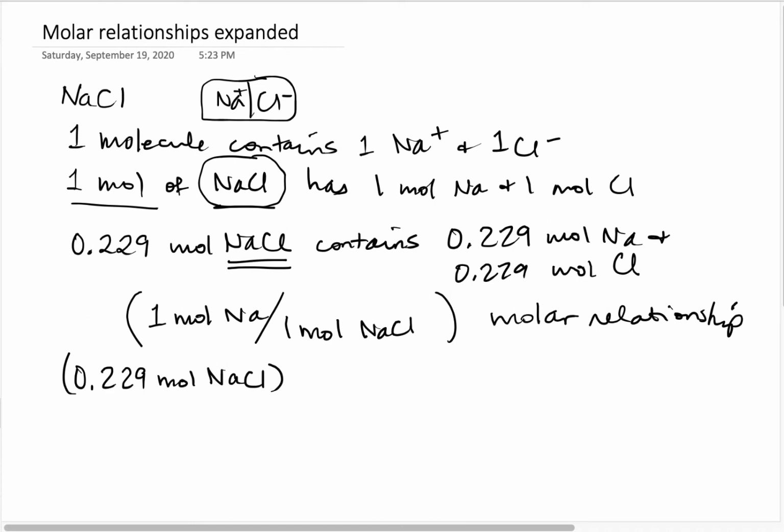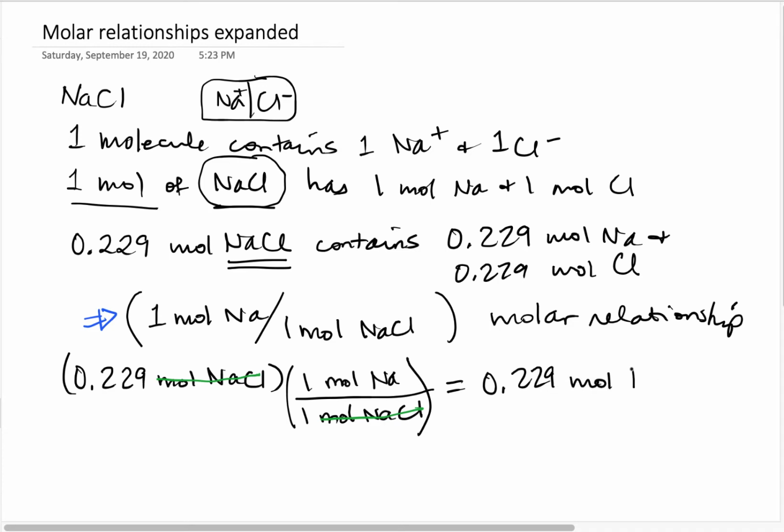So I'm going to use this ratio of the molar relationship that I just set up like a unit conversion. I have my moles of sodium chloride, and I want those to cancel out. So 1 mole of sodium chloride goes on the bottom and 1 mole of sodium goes on the top. Then the moles of sodium chloride cancel out, and our answer is in moles of sodium.